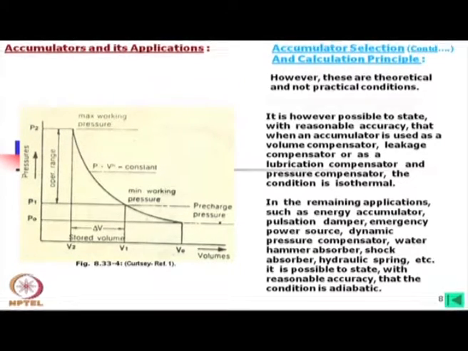Whereas in the remaining applications, such as energy accumulator, pulsation damper, emergency power source, dynamic pressure compensator, water hammer absorber, shock absorber, hydraulic spring, etc., it is possible to state with reasonable accuracy that the condition is adiabatic. That means a very quick process is going on.